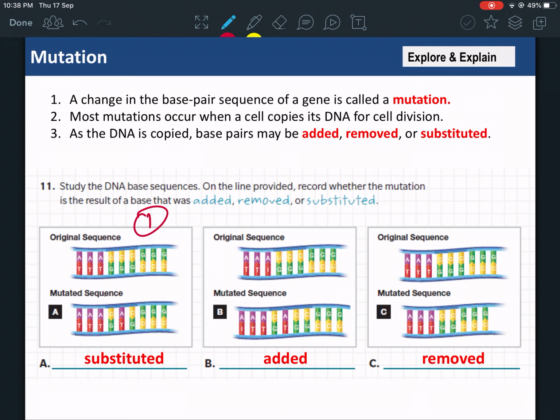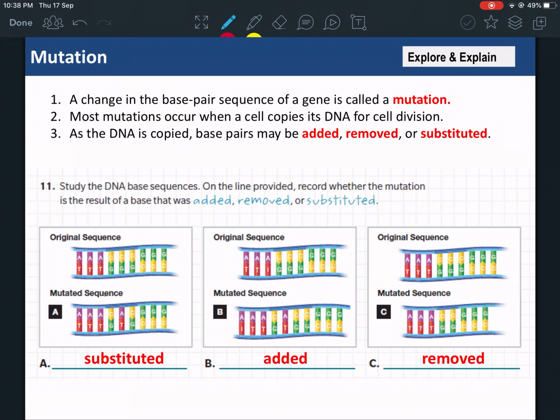How would you know? You count them. This is 1, 2, 3, 4, 5, 6, 7, 8, 9 pairs. Here you have 1, 2, 3, 4, 5, 6, 7, 8, 9, 10 pairs. So this one was added. This is an addition that happened by mistake. So this mutation is called addition.